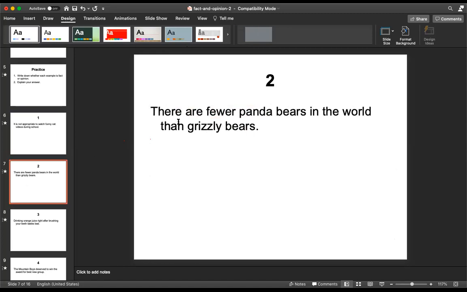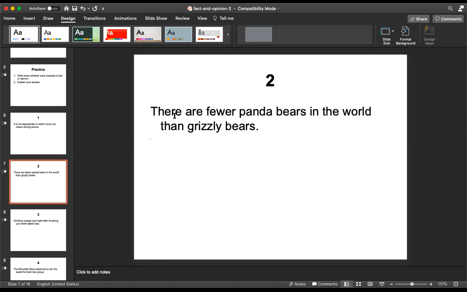Right. So let's continue. There are fewer panda bears in the world than grizzly bears. Fact or opinion? That's a fact. You can physically go and count panda bears. You can physically go and count the population of grizzly bears.